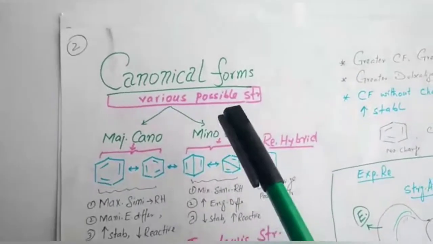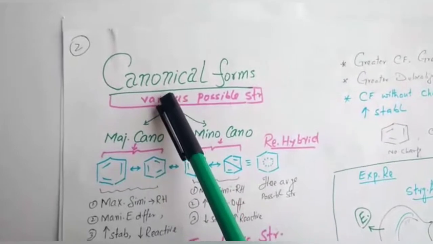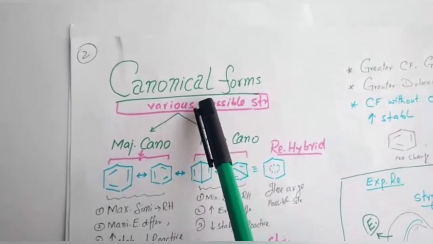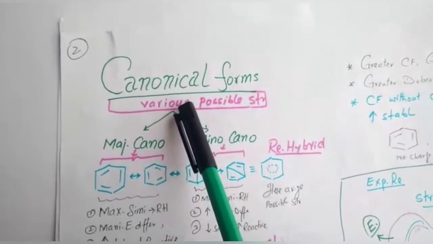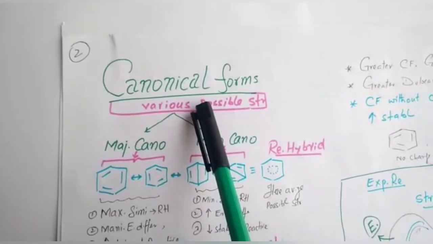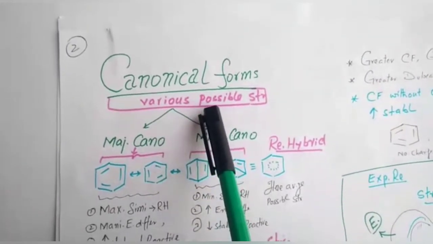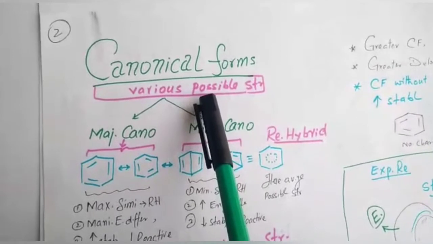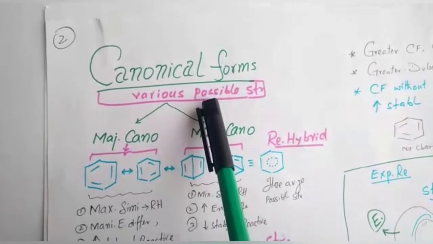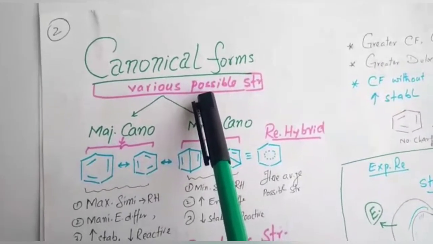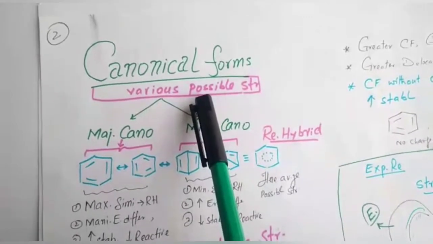In this video, we will discuss canonical forms. What is the canonical form? The various possible structures of a compound presenting a resonance.